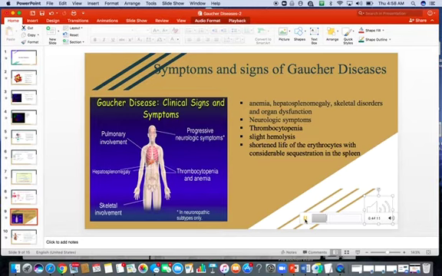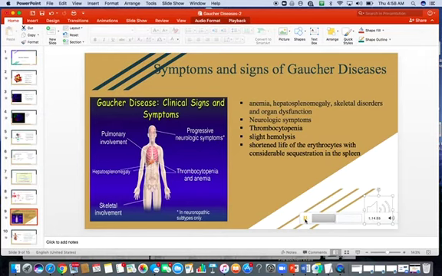The type 1 Gaucher disease seems to have asymptomatic signs. That means it doesn't give out any signs or symptoms.